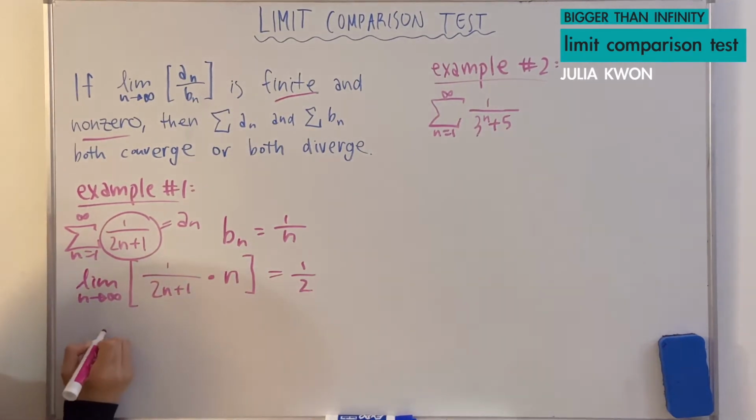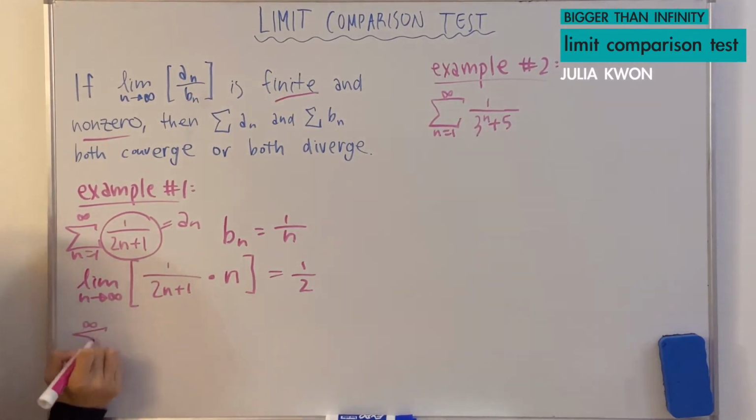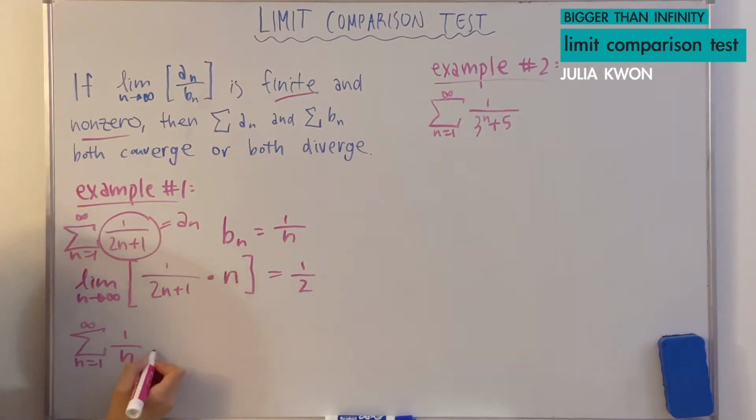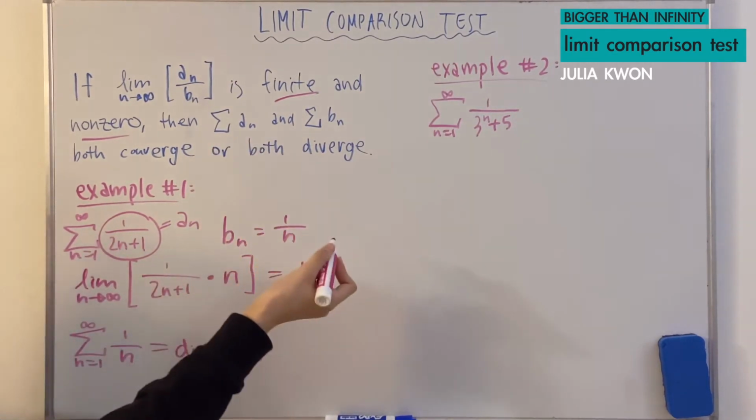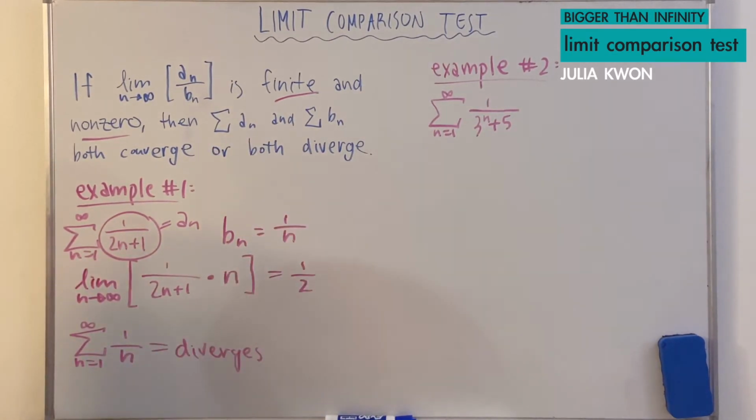Let's look at the infinite series 1 divided by n, which is b sub n. This is the harmonic series, and this series diverges. Since one of the series diverges, that means the other series also diverges, since they either have to both converge or both diverge.